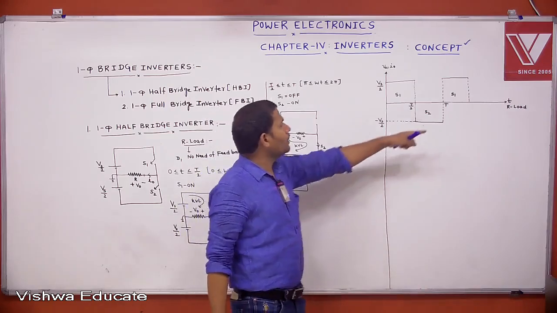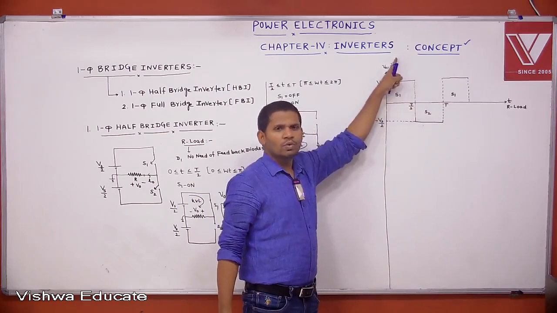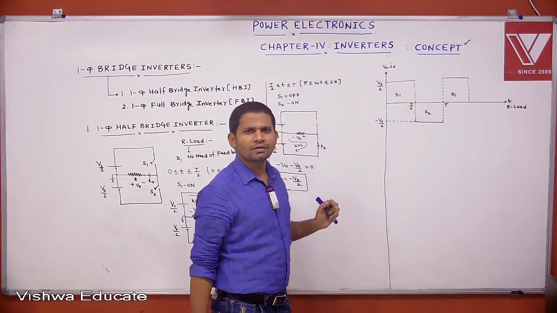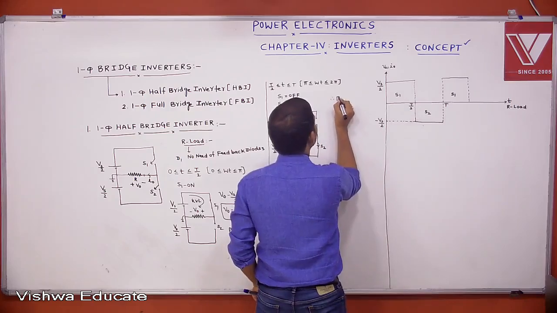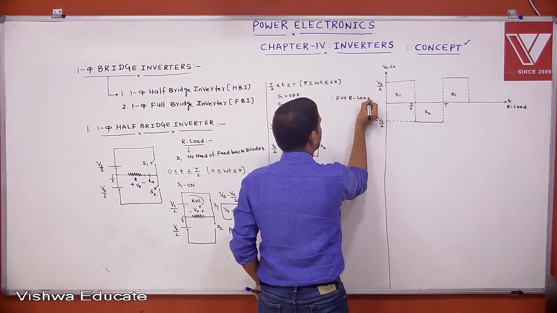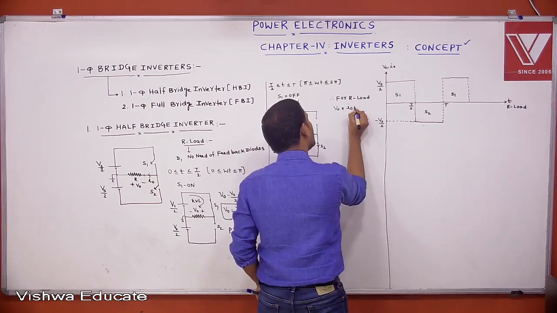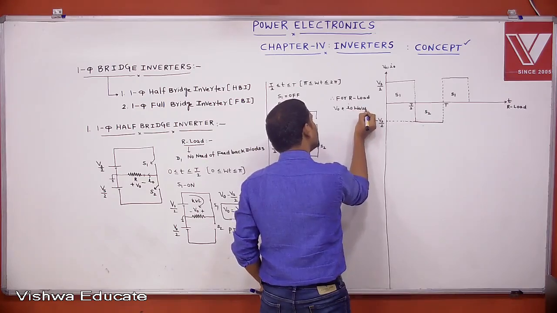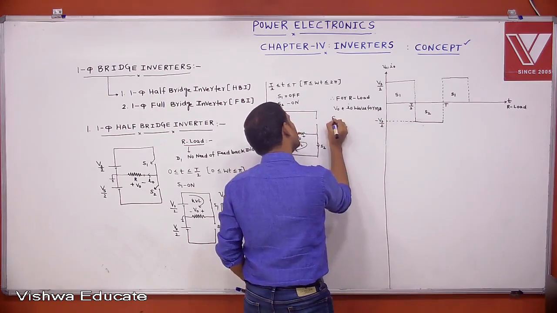This is R load now. I told so many times, for purely resistive load, voltage and current waveforms are same. Therefore, for R load, V0 and I0 waveforms are same.